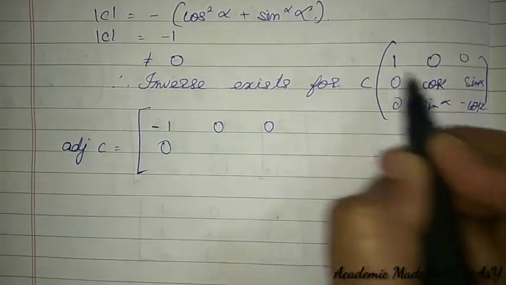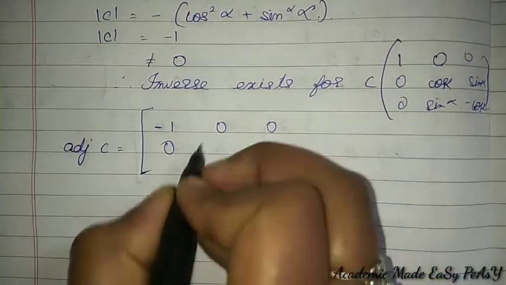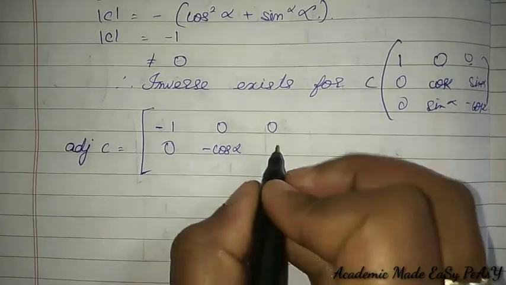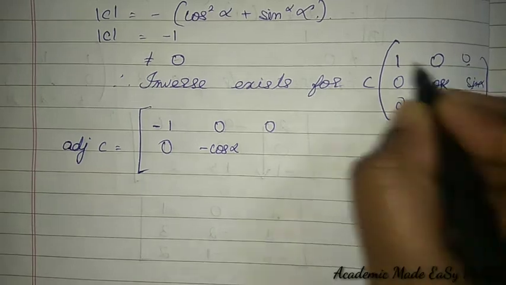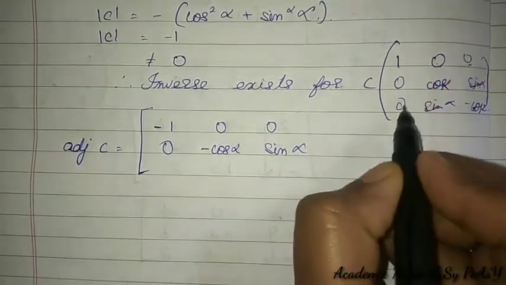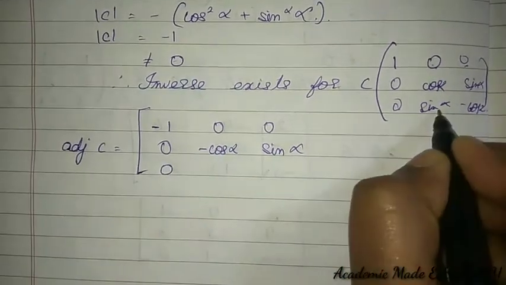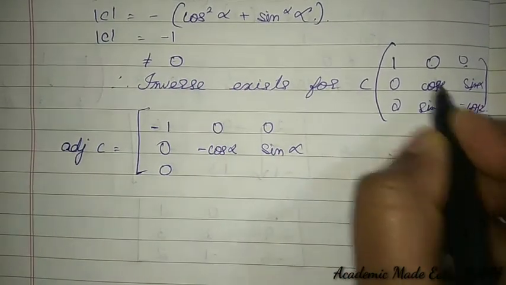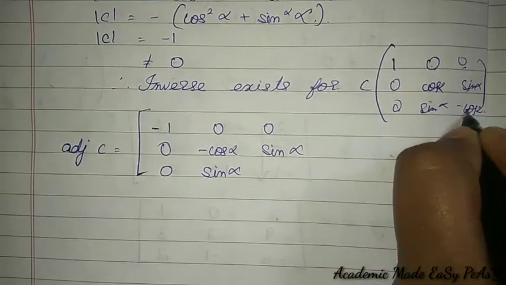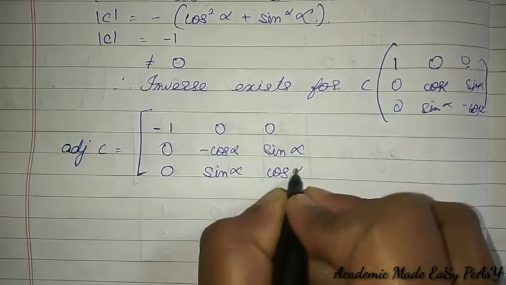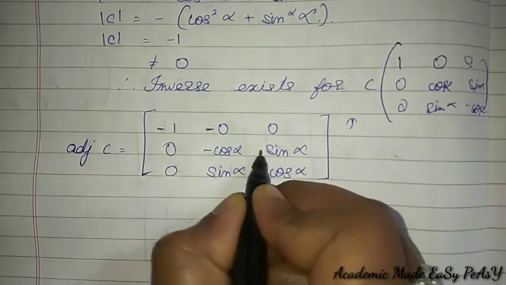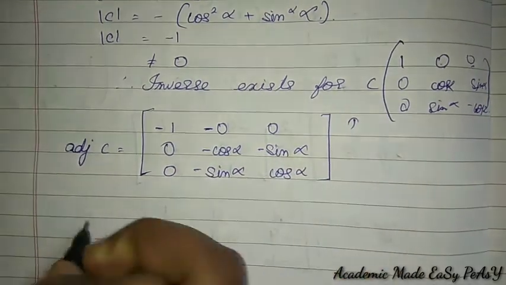Here for this cos alpha, it is minus cos alpha, and here if we take it for this, it is 1, 0, 0 sin, so sin alpha, and here if we take, it is 0, and for sin alpha, it is sin alpha, and for minus cos alpha, it is cos alpha. So the whole transpose, now we have to change the sign. So minus, minus, minus.